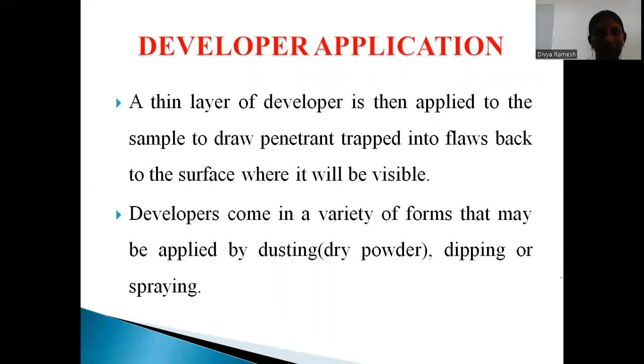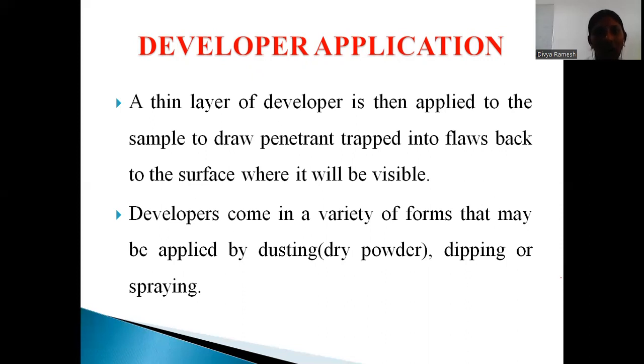The next step is developer application. If you want to view the cracks present in the specimen easily, you apply some developer. The developer makes the cracks protrude, so we can easily identify them. The developer will show where the crack is present on the surface.